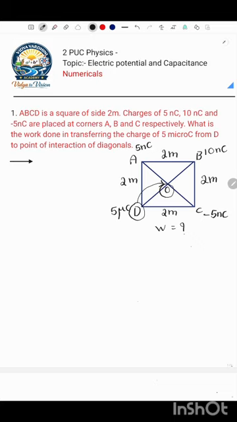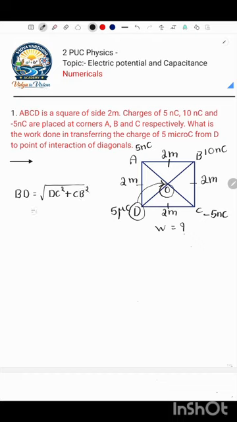To find that, we have to find the length of the diagonal, because we know the sides are 2 meter. Since it is a square, all sides are equal. To find the diagonal length, I will consider BD. BD is equal to square root of DC square plus CB square.